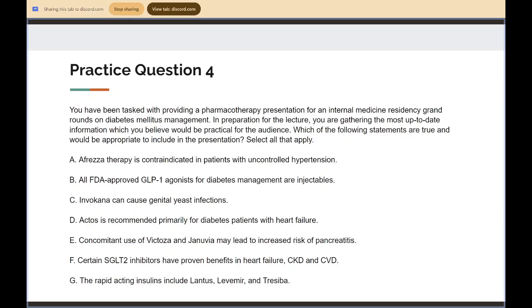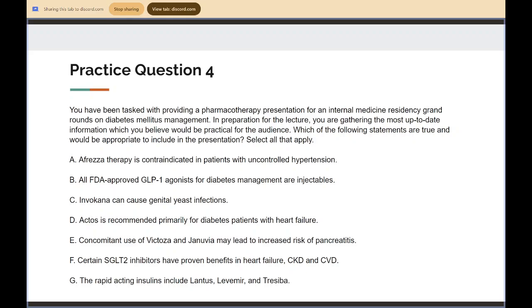Select all that apply. Choice A, Afrezza therapy is contraindicated in patients with uncontrolled hypertension. Choice B, all FDA-approved GLP-1 agonists for diabetes management are injectables. Choice C, Invokana can cause genital yeast infections. Choice D, Actos is recommended primarily for diabetes with heart failure. Choice E, concomitant use of Victoza and Januvia may lead to increased risk of pancreatitis.